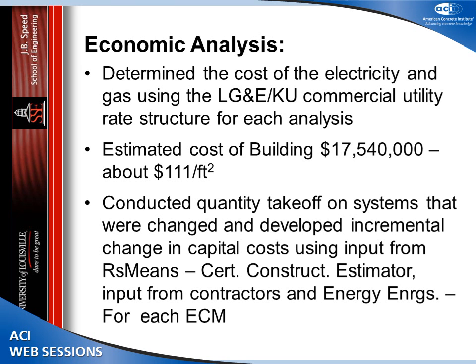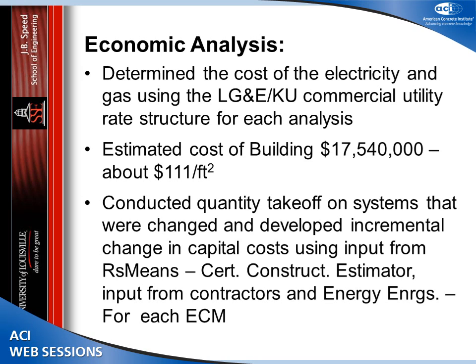We said, okay, that's fine, that's energy. Well, how much does each one of these ECMs cost us? We said, okay, how do we get a basic cost in there? So the first thing we had to do is look at our typical costs of energy in our local area, and we used typical LG&E and KU, which is Kentucky Utilities, rate structure to go in and estimate for each kilowatt hour or BTU that we provide how much is that costing us.